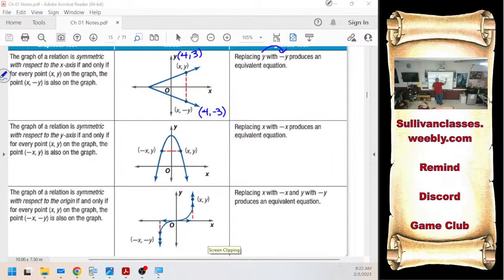It'd be like, say I had x is y squared minus 4. So that'd be a sideways parabola. To prove that that is symmetric to the x-axis, I throw in a -y.